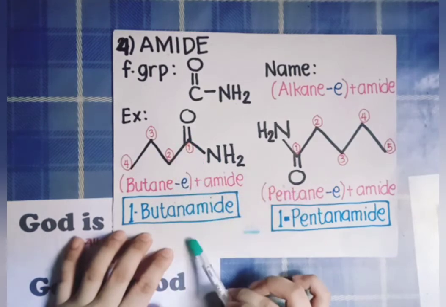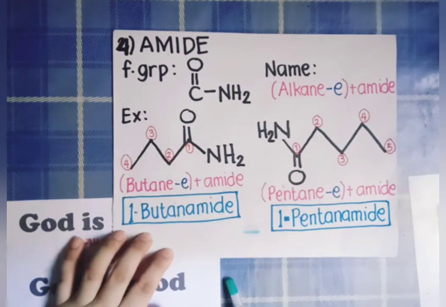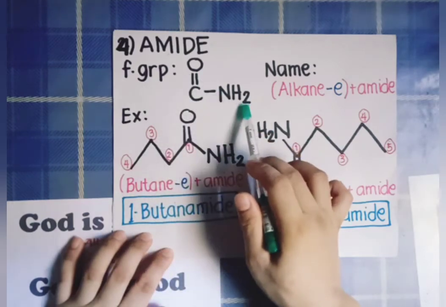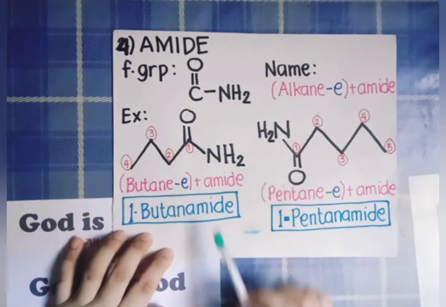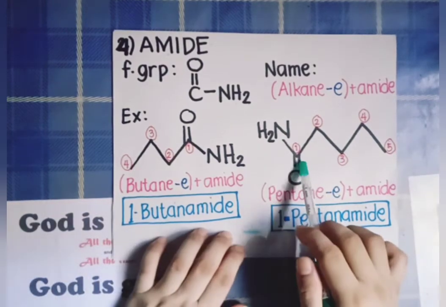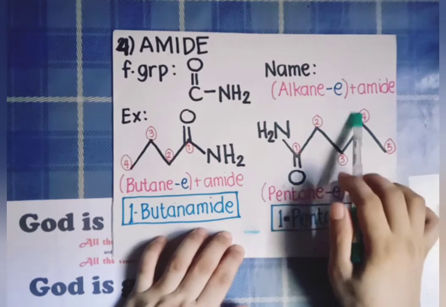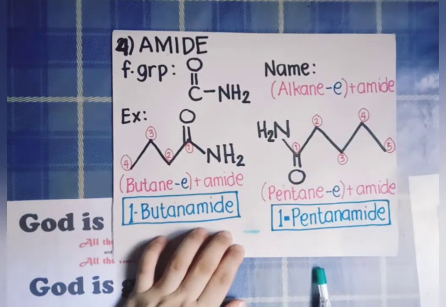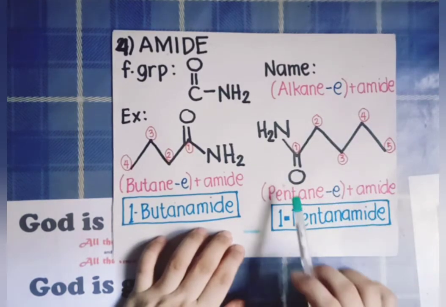Now take note that in an amide, the carbon atom that bears the C double bond O NH2 will always be the carbon number 1. Let's have here another example. For this one, we have here 1, 2, 3, 4, 5 carbon atoms, and therefore its parent chain is pentane.